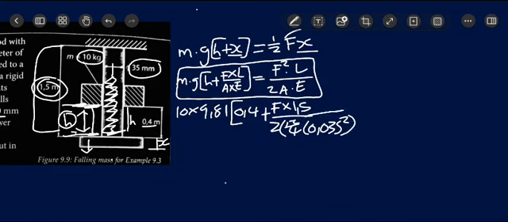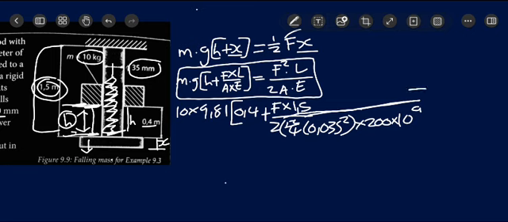Obviously, we multiply this by Young's modulus, which they have given us as 200 gigapascal, the same as times 10 to the power of positive 9, and all of this is divided.